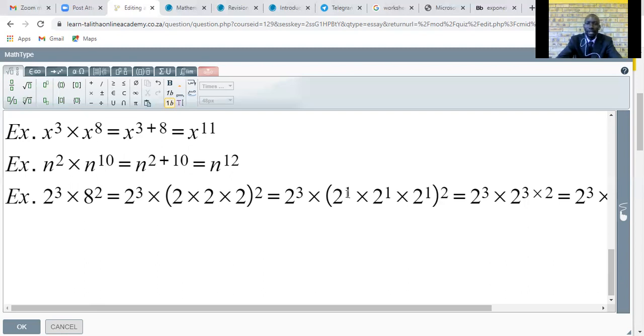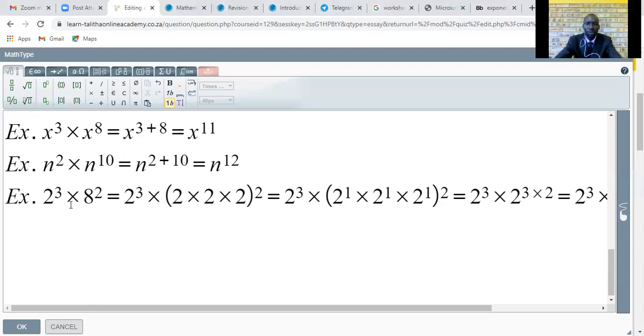Okay? In other words, we could have skipped these steps. We could have skipped the second step, but as I indicated earlier, it's not always a good idea to skip steps. Always make an effort to include all the steps, because that way you rarely make mistakes.